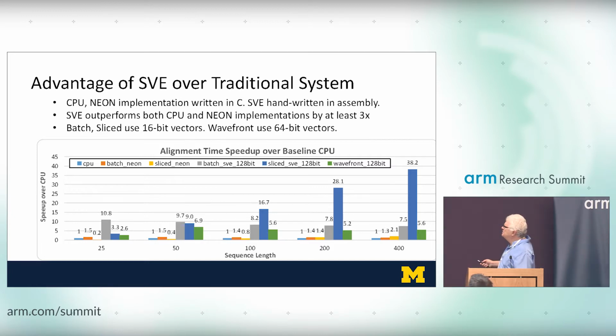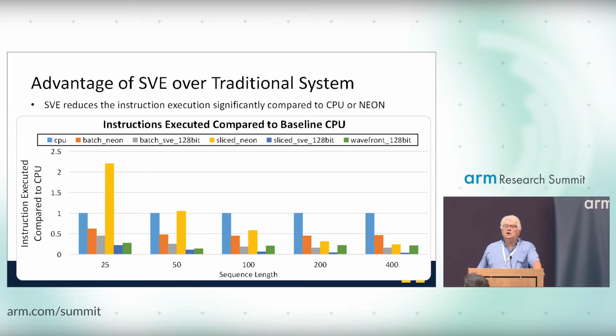So in a sense, this is a bit of an unfair comparison to the wavefront. There are lots of other experiments we need to do to clean this up. So I'm just throwing out the initial results, which are promising. I don't want to claim that you need to use this beast to do your genomics. Although actually I think you probably do, but this is not conclusive, but interesting.